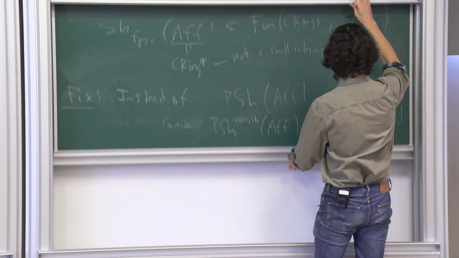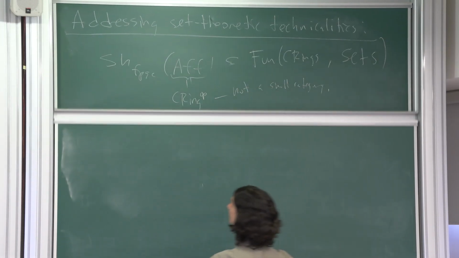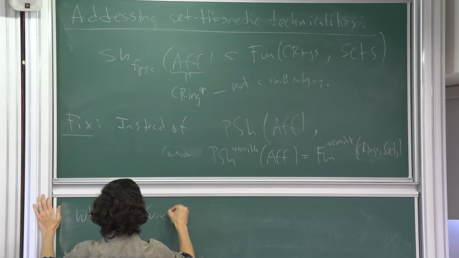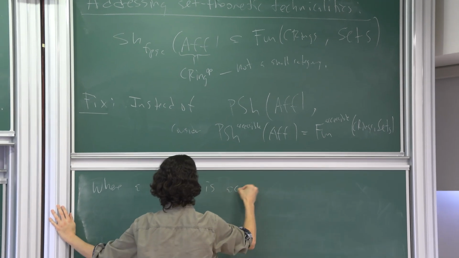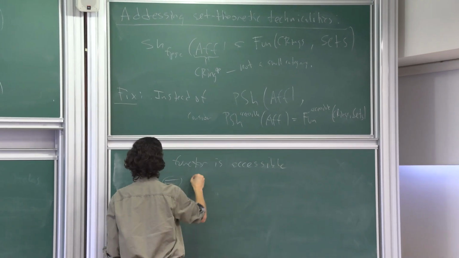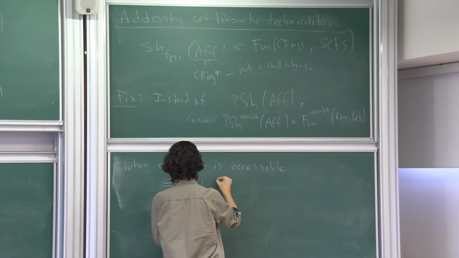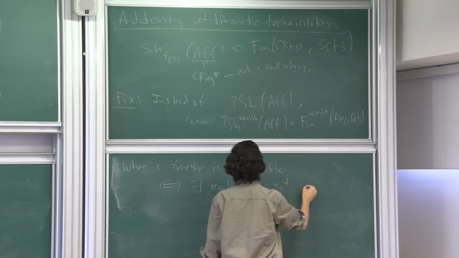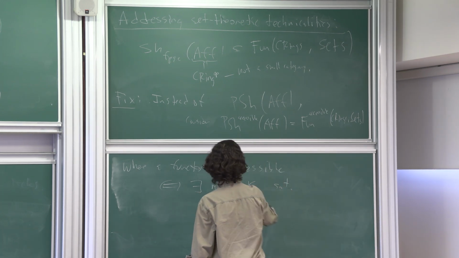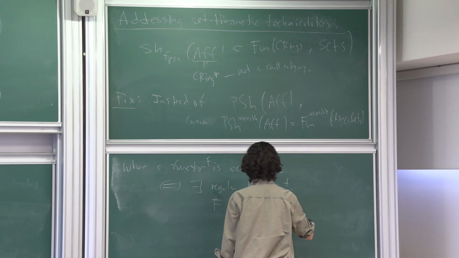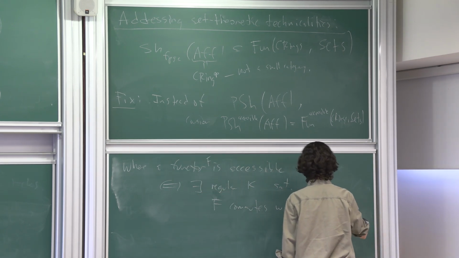And what are accessible functors? A functor F is accessible if and only if there exists a regular cardinal kappa such that F commutes with kappa filtered colimits.